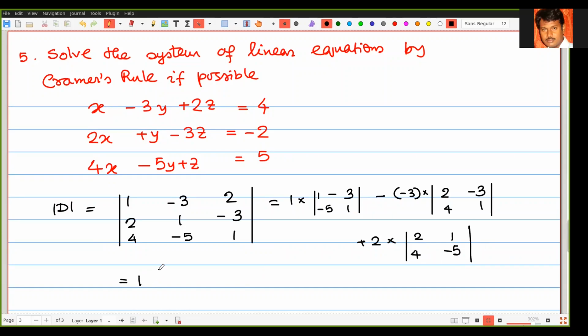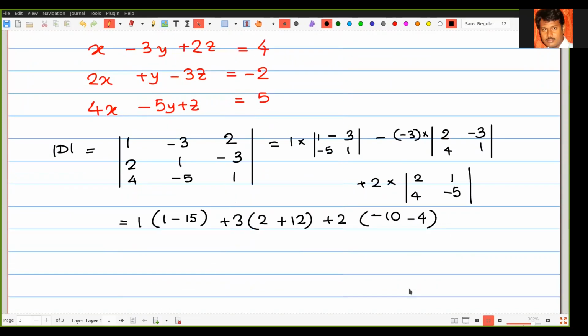Let's check the value. 1 into 1 minus 15, minus of minus 3, that means plus 3, 2 plus 12, and then plus 2 into minus 10 minus 4, and the result is minus 14 plus 42 minus 28, and the result is equal to 0.